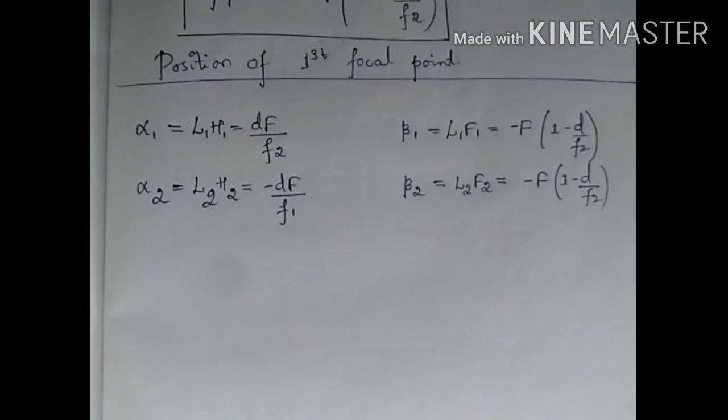In that we have learnt focal points, focal planes, principal points and principal planes, and later we learnt nodal points, and after that we learnt Newton's formula and the rules to construct the image, and after this we learnt the equivalent focal length of two thin lenses separated by a finite distance, and at last we found the cardinal points of a coaxial optical system of two thin lenses separated by a distance.